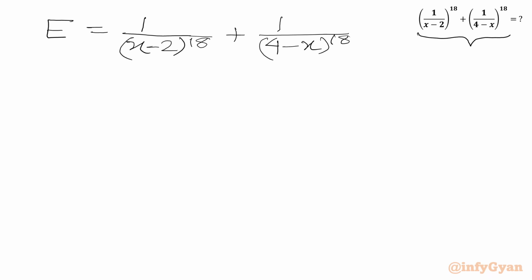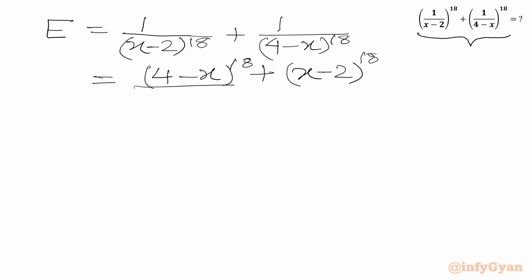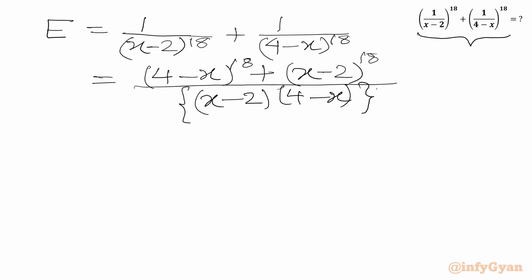Now we will take LCM. So we will write (4-x)^18 + (x-2)^18 over ((x-2)(4-x))^18 in the denominator.